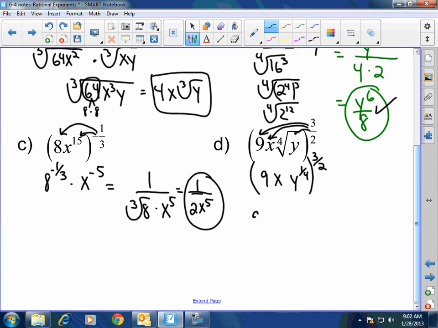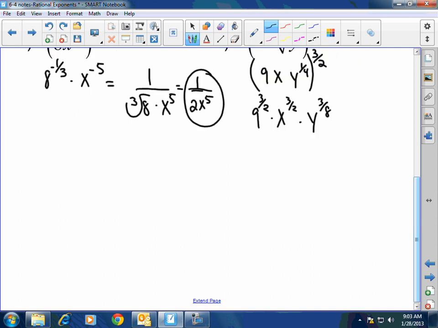So this is 9 to the 3 halves times x to the 3 halves times y to the 3/8, which when I simplify is the square root of 9 cubed times the square root of x cubed times the 8th root of y cubed.